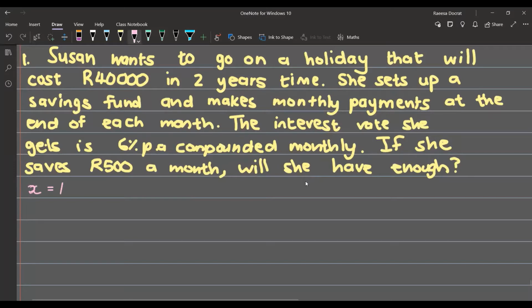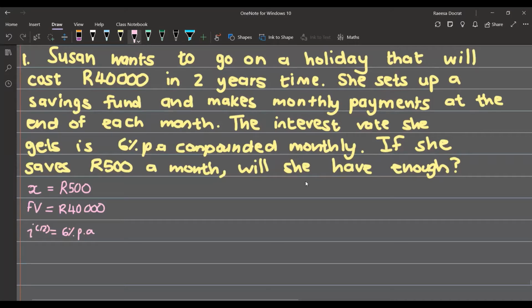So let us write down what we are given on one side. The amount that she would like, so that's the future value, because that's how much she'll need in the future, is 40,000 Rand. Her interest rate is 6% per annum, compounded monthly.